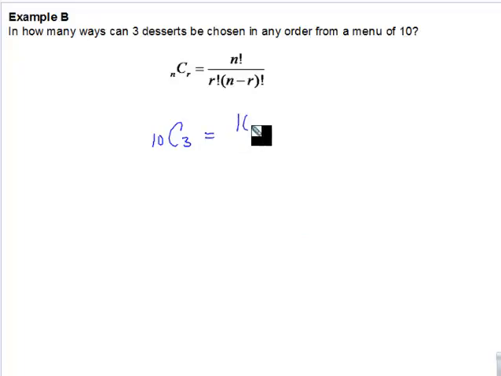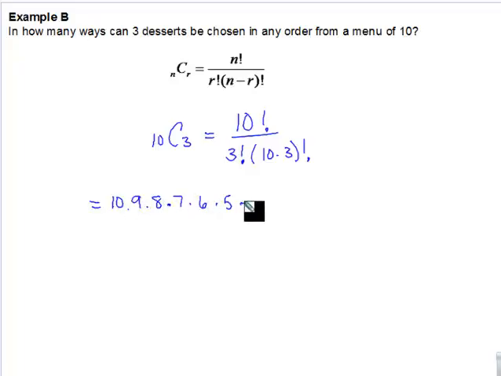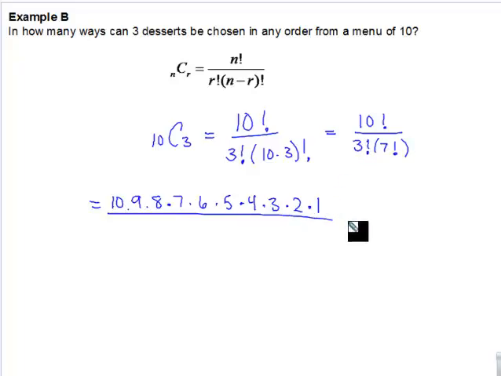So I have 10 factorial over 3 factorial times 10 minus 3 factorial. Again, I'm going to work this out the long way. That's the 10 factorial, and this would be 7 factorial in the denominator. So I have a 3 factorial, so 3 times 2 times 1, and then the 7 factorial.